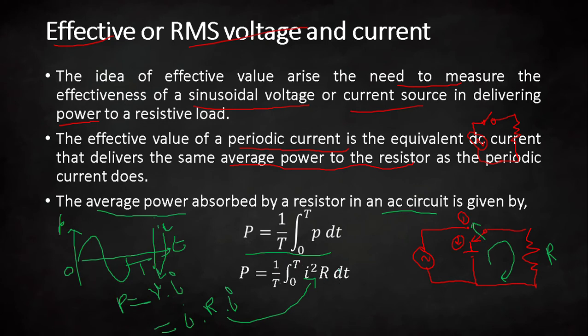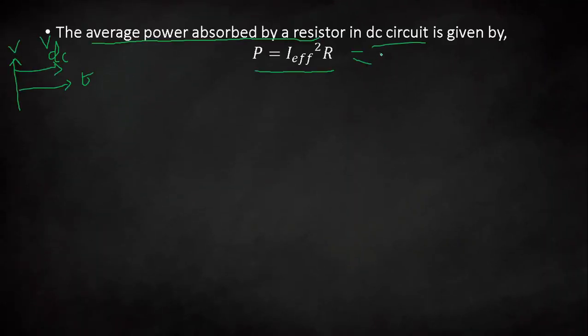So we are just putting this value into this equation. We are saying that the power absorbed by a resistor will remain the same in case of DC or in case of AC.